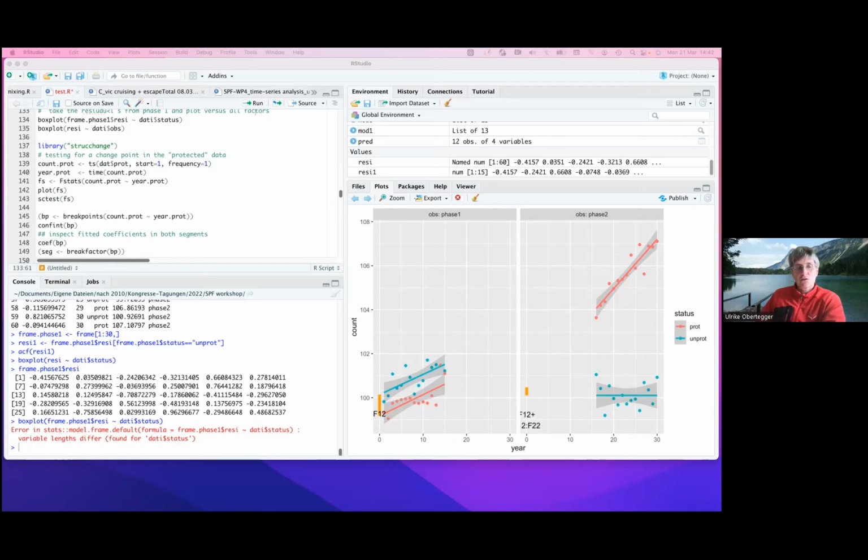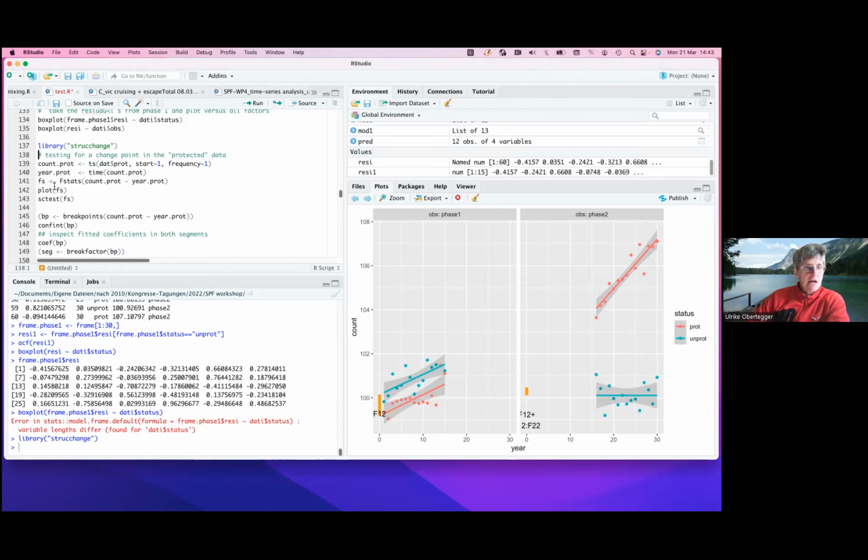And for such circumstances, we have a library strucchange that tests for a change point in our data set, in our time series. Okay, so here we go. Here we have library strucchange. We load it. And the library strucchange deals with time series data.